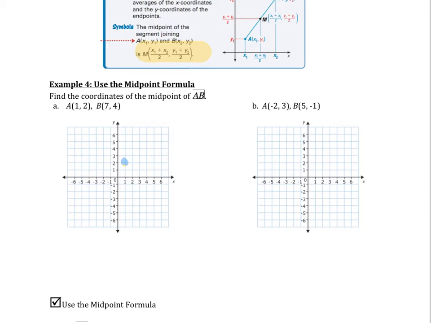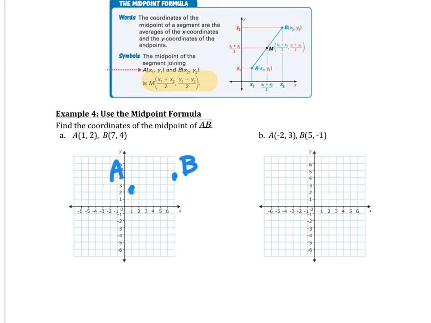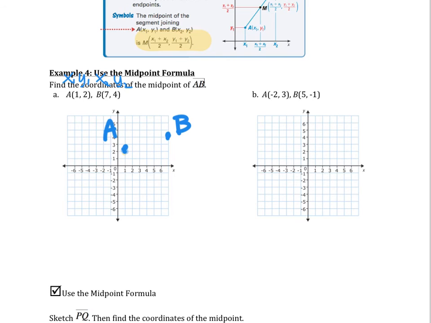There's my A, and B is at 7, 4. Okay, so you just designate x1, y1, x2, y2, and substitute into the midpoint formula.